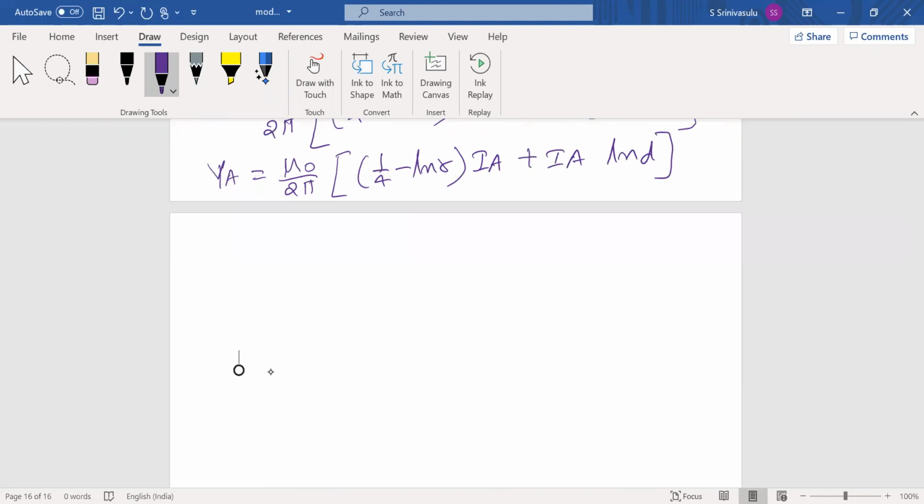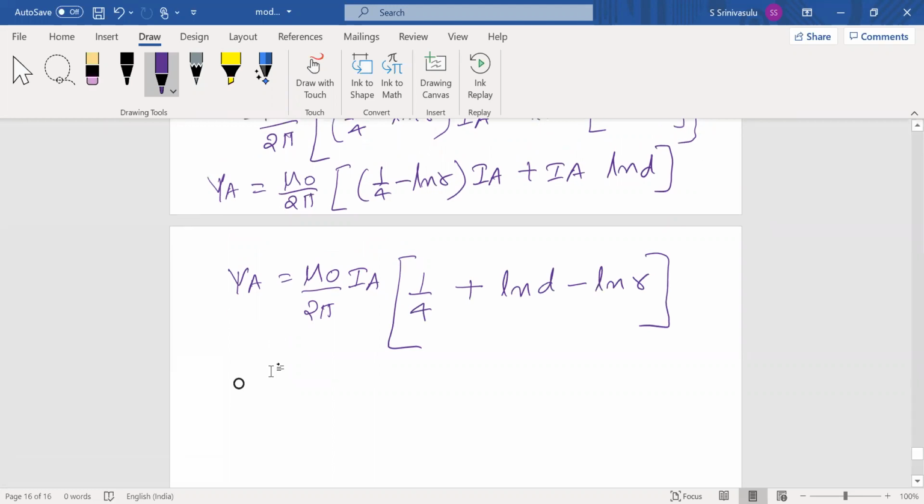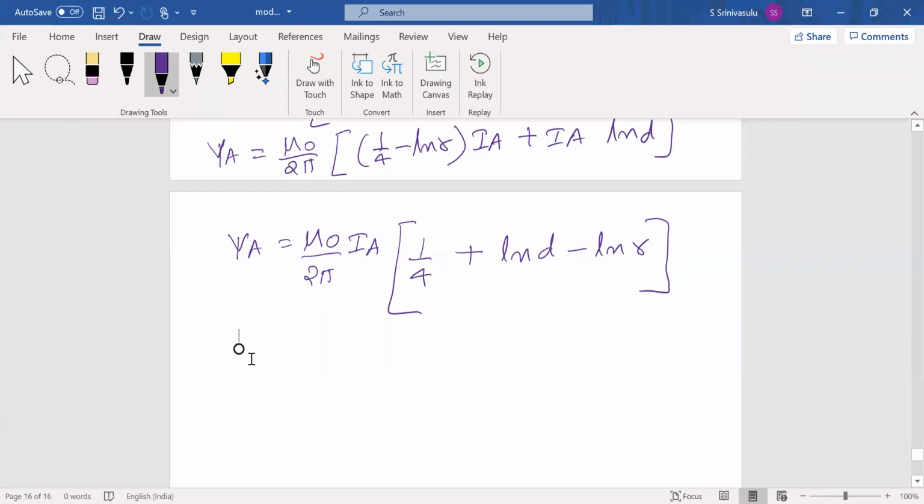If you take Ia common, finally we get mu naught by 2 pi into Ia, and observing this figure, we get 1 by 4 plus ln of D minus ln of r. We know log a minus log b equals log a by b. The same thing I have written here.